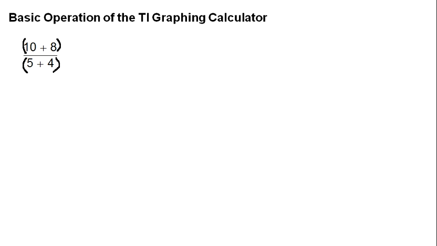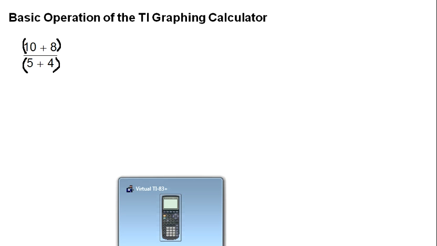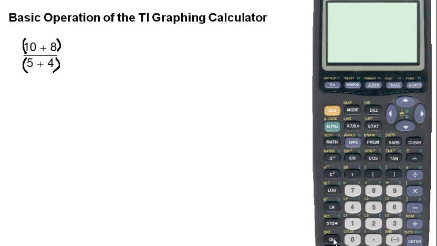And then we would go and enter it into the calculator exactly as it's written. Turning the calculator on, we'd hit left parentheses 10 plus 8 close parentheses divided by open parentheses 5, I put a 2, I'll have to clear that out, 5 plus 4 close parentheses, enter.